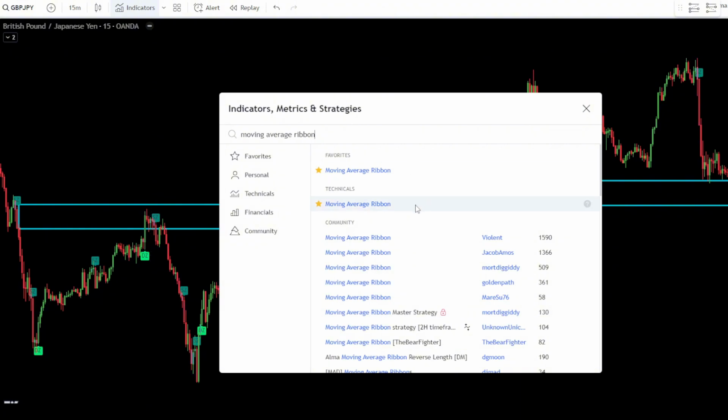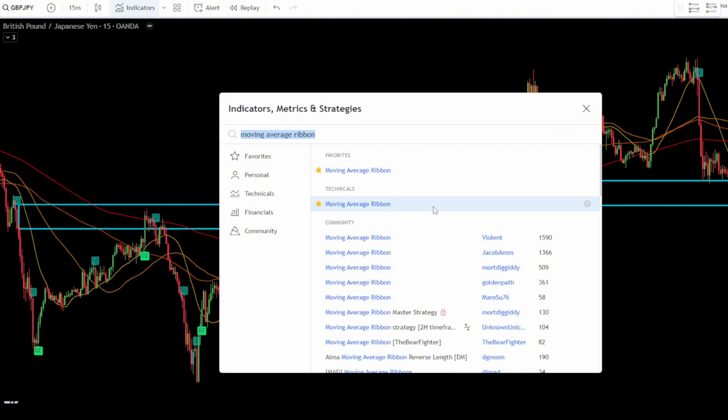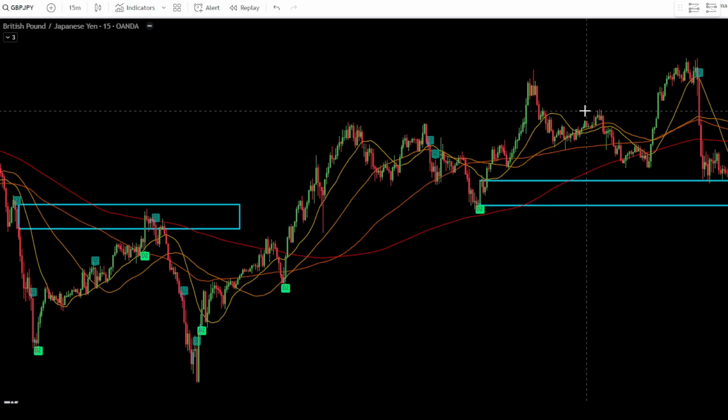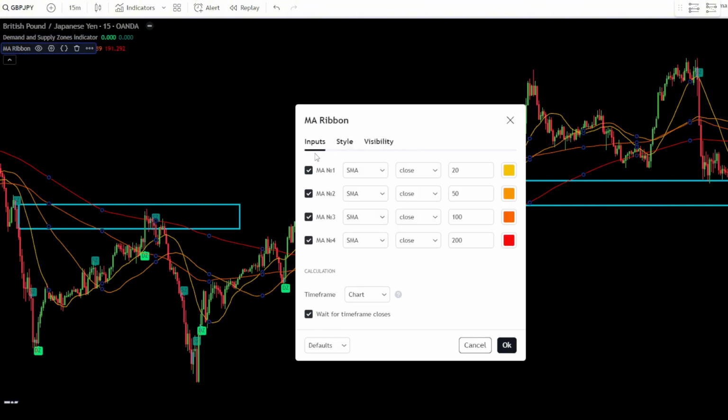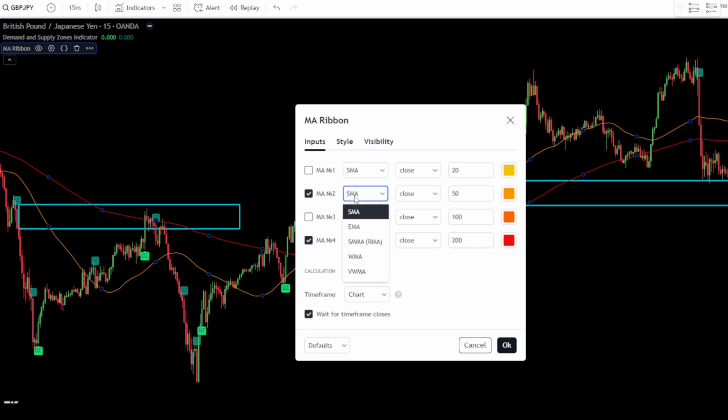Next, select the default Moving Average Ribbon indicator from Tradingview. After that, make a few adjustments to the Moving Average Ribbon indicator. In the Input tab, deactivate the settings for MA1 and MA3. Change the setting for MA2 to EMA.